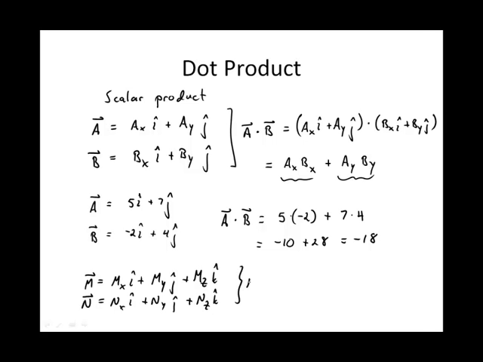If I took the dot product of M dot N, then I would get M sub x N sub x plus M sub y N sub y plus M sub z N sub z. And there's no i's, j's, and k's there. These are just numbers, and I'm going to get a final number in the end.